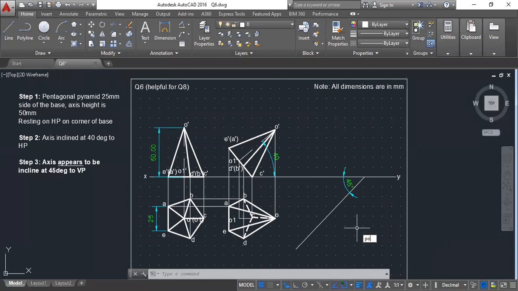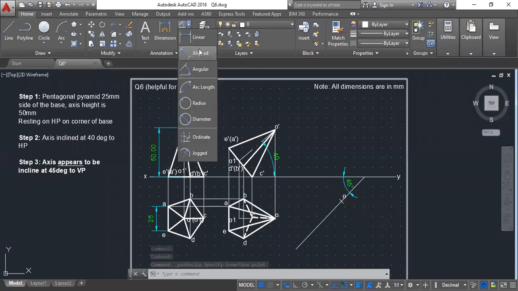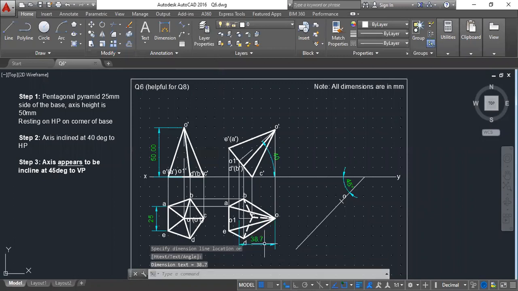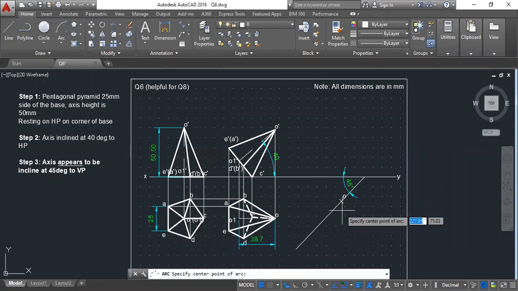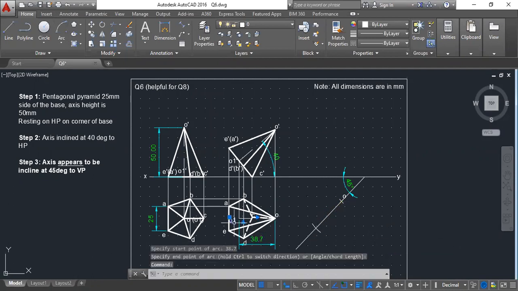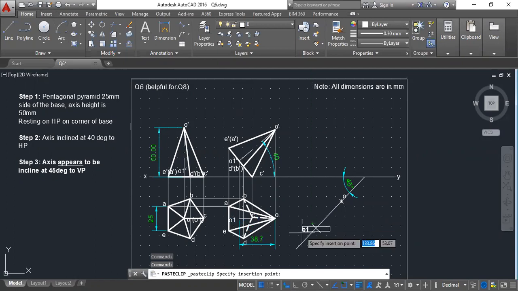Take any random point on this line first and give the name as O. Then measure what is OO1, the axis length. It is 38.7. So take your compass, with this as the center you can draw 38.7. Okay, done. So that particular point will be your O1.